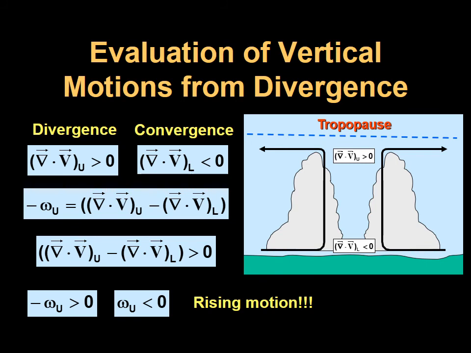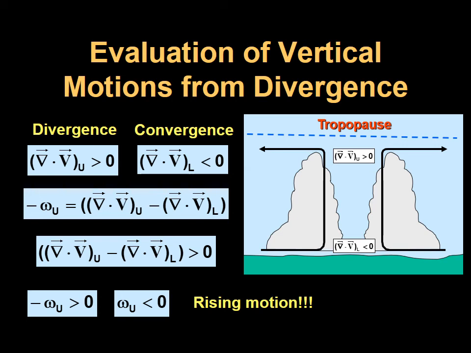So if we stick that into our mass continuity equation, the one that we simplified, that means that the upper level divergence term is positive. The lower level divergence term is negative. A negative minus a negative is a positive.